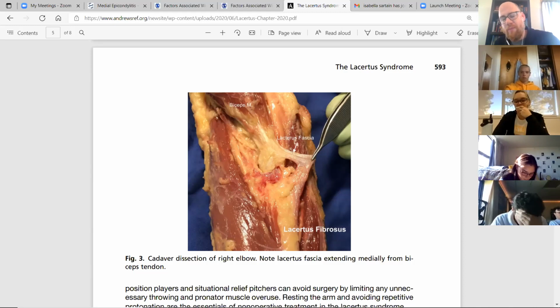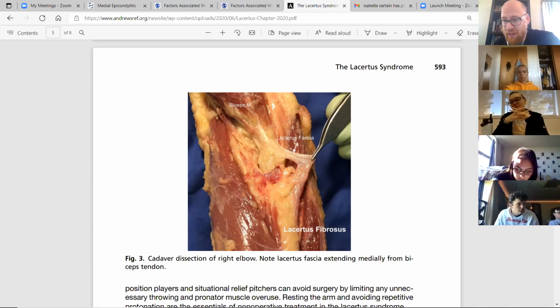So ultimately, Bella, as I'm extending and throwing, is the bicep lengthening or shortening as I'm following through and throwing? What's happening? It should be lengthening. Okay, very good. Yes, absolutely.